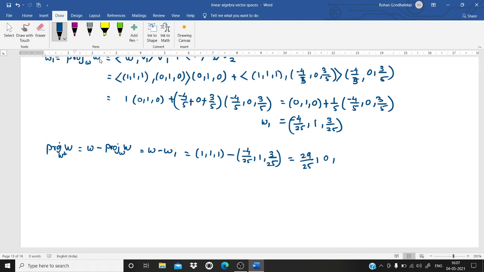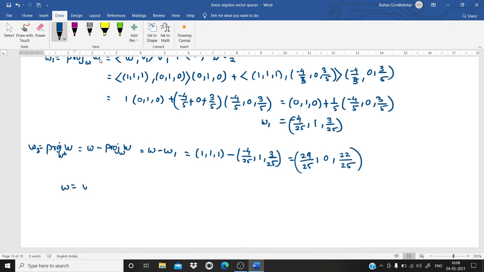So 25 minus 3 will be 22 by 25. Is it? So this vector is called W2 and this is W1.